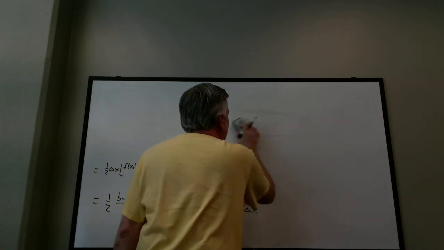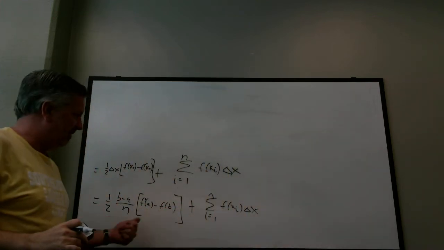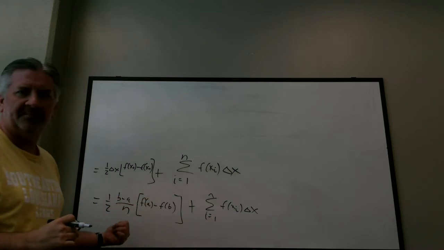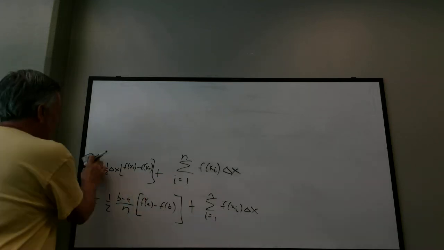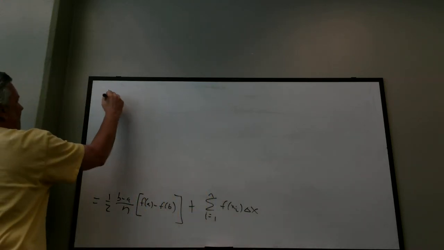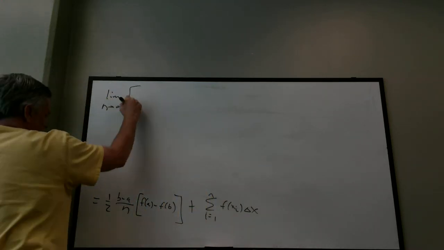Right now, assuming the curve is above the x-axis, this is still the area of the trapezoids, right? It's just written in a different way. So this is the area of the n trapezoids. Now let me take the limit as n goes to infinity of this whole mess.